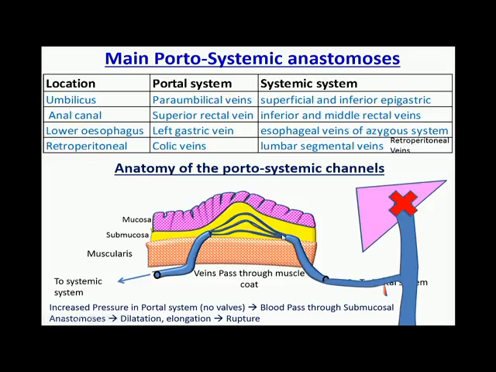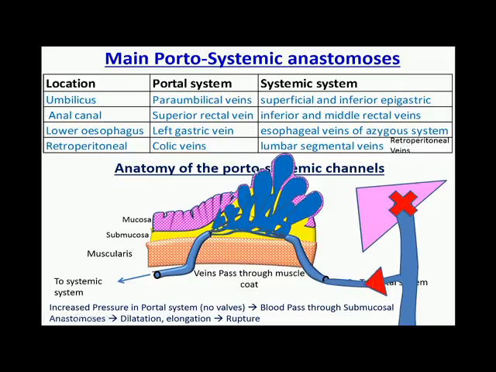In the anal canal or esophagus or whatever, around the umbilicus, right? So more blood passes through these small channels now. Is that clear? And then it drains back into the systemic circulation through these veins. Okay? This is what happens. They become elongated, tortuous, and distended veins. And they project into the lumen. And they will be covered by a thin layer of epithelium.